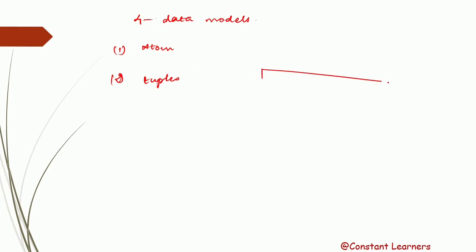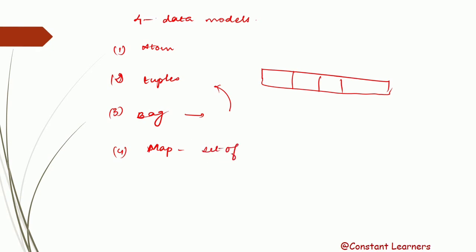If you know what a tuple is, the rows in the relational data model, tuples are used to store the data. Then the third one is the bag. A bag is a collection of tuples. A collection of tuples is known as a bag. And the fourth one is the map, which is a set of key value pairs.